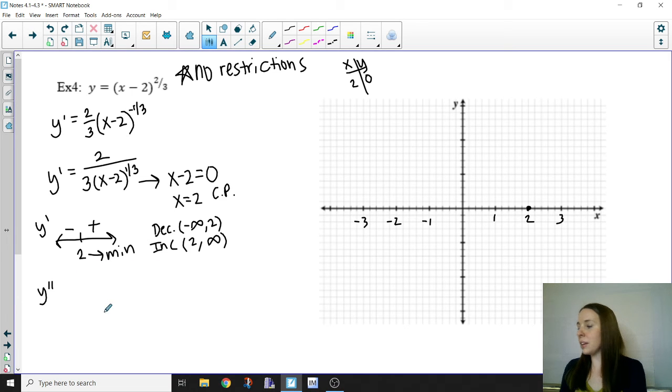So our second derivative is going to be -2/9 times (x minus 2) to the -4/3 power.